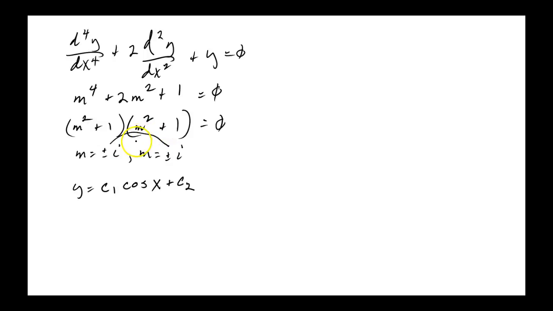You had two i's. So then C2 x cosine x plus C3. Where did C3 come from? There's multiple. Yeah, there's 4 roots. You got to have 4. Sine x plus C4 x sine x.